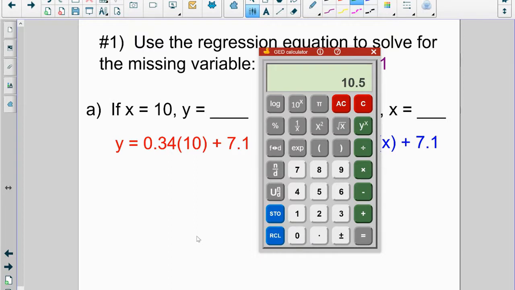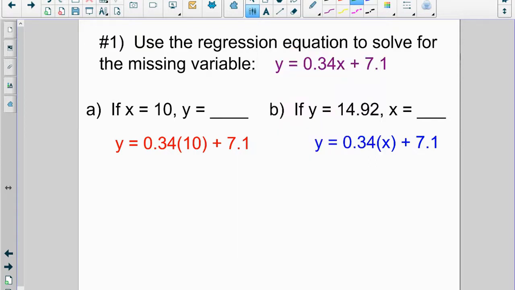So we end up with 10.5 as a y value. So I'm just going to record that down below here. And we got 10.5 is the y value. So x equals 10, y equals 10.5. All right, so that's one way. If we're just given the x value, we can use it to solve for y.